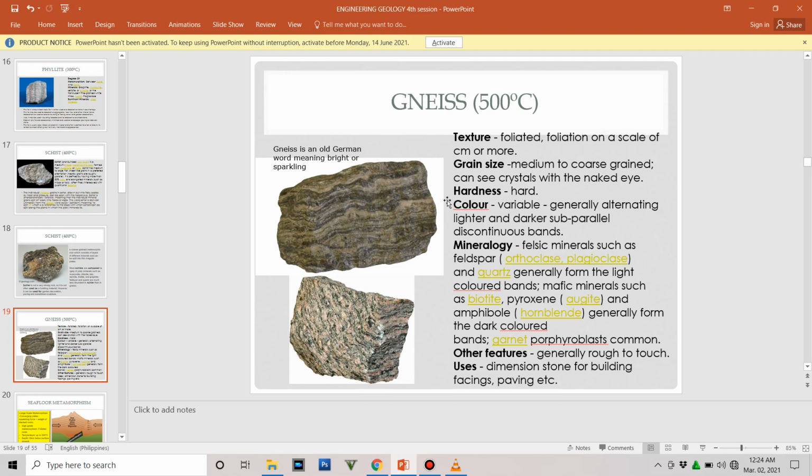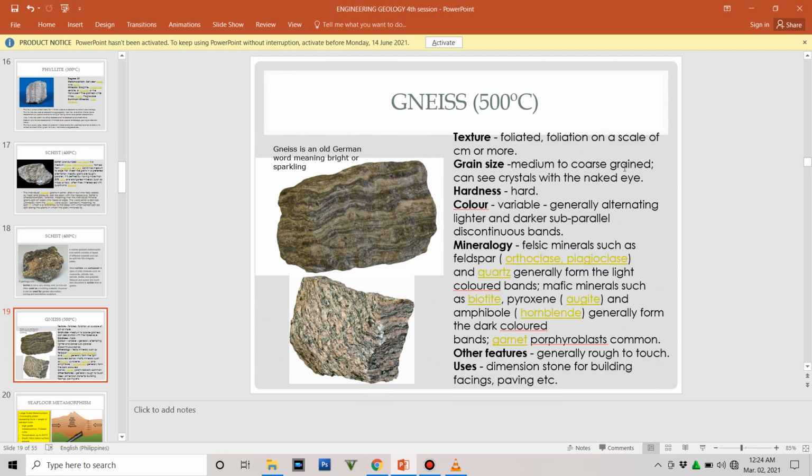So kitang-kita na yung foliation, that the rock is striped with foliation. Okay. So the grain size, medium to coarse grained. Hindi siya masyadong fine. Hindi rin siya masyadong coarse.